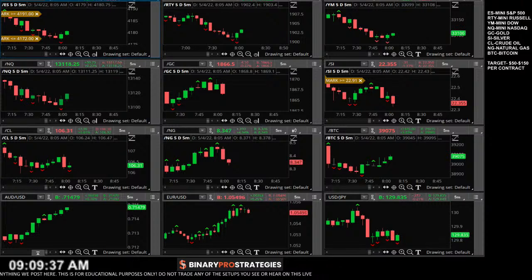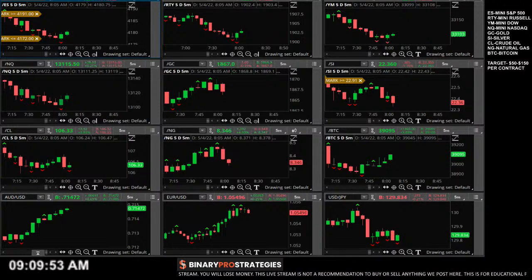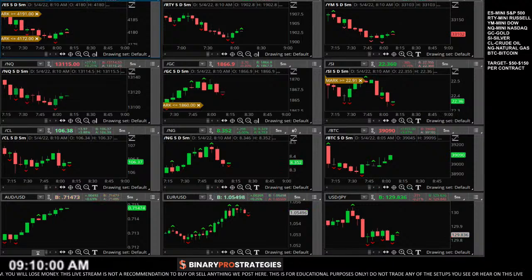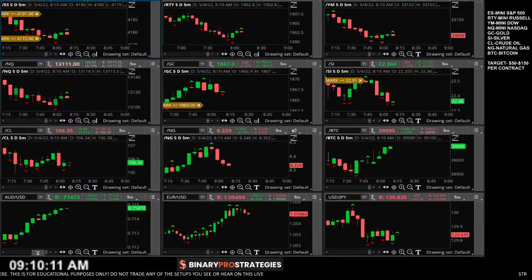Target on gold is going to bring us down to 1860. And our reversal is going to be 1872. If we don't hit our target first, we will reverse and go long at 1872.